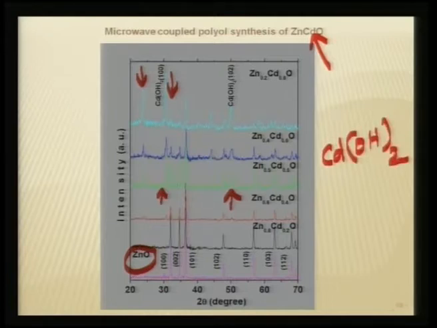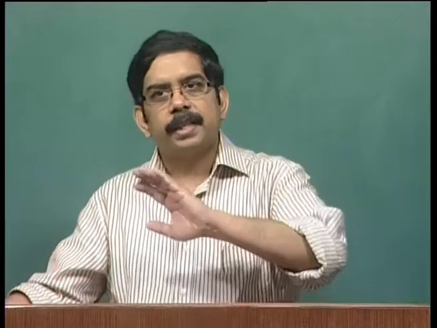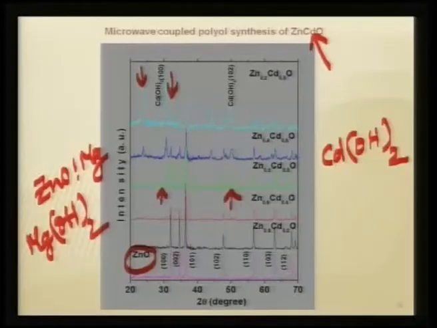So, just as in the case of zinc oxide doped with magnesium, where we encountered the issue of magnesium hydroxide, which as an amorphous phase just remains as an amorphous coating on zinc oxide, we also see the same situation for the polyol synthesis of zinc cadmium oxide.